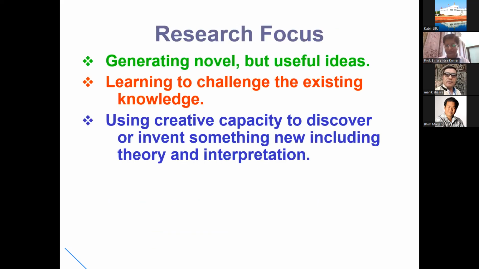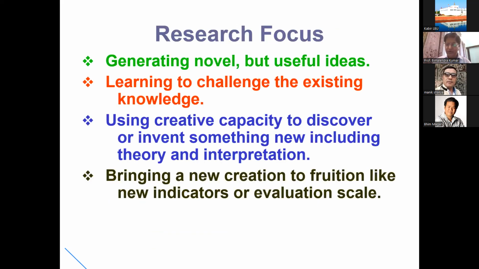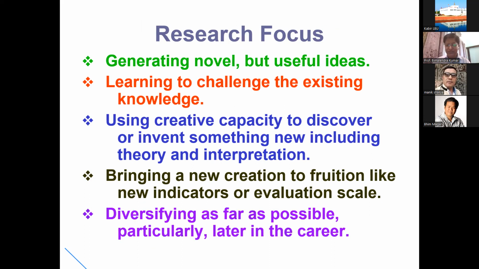So now we are going to discuss what is the main focus of the research and what research scholars must devote their time to in selecting their research proposal or in selecting their aims and objectives of the research. We have seen already that there are two types of research.